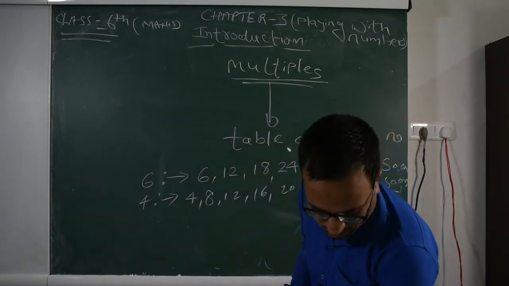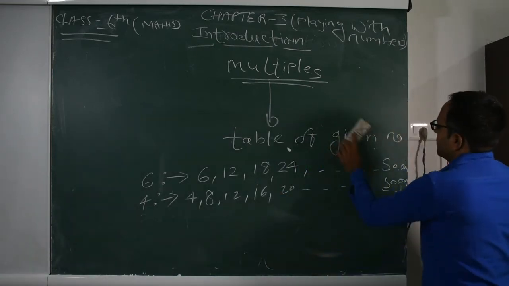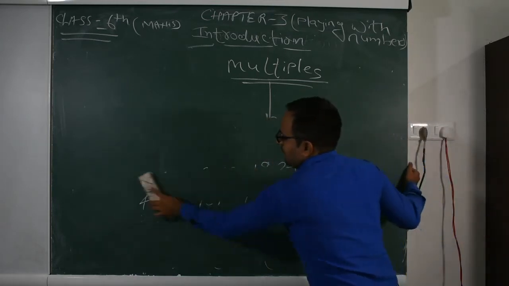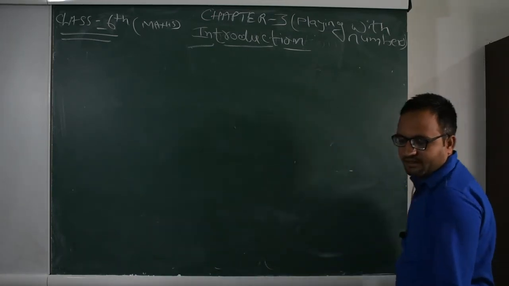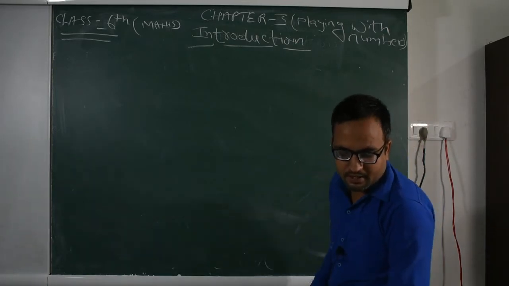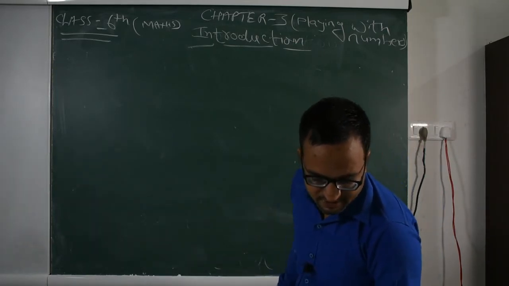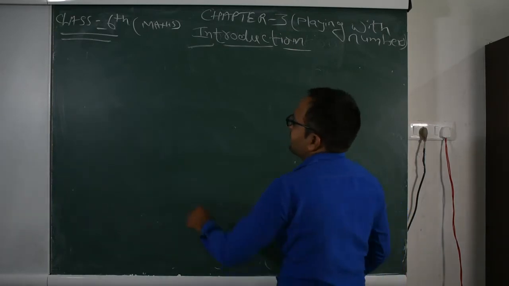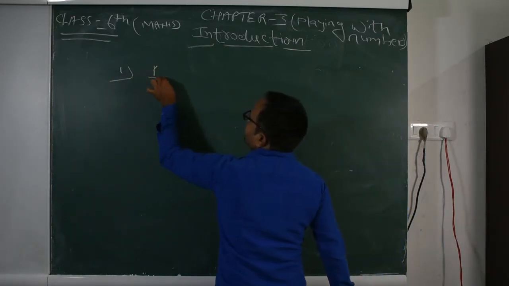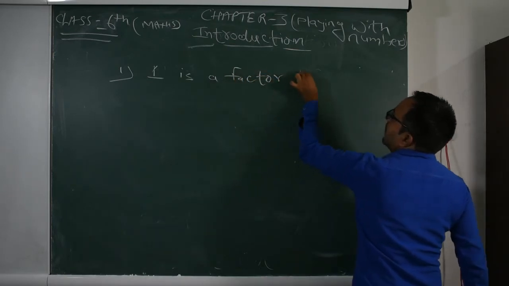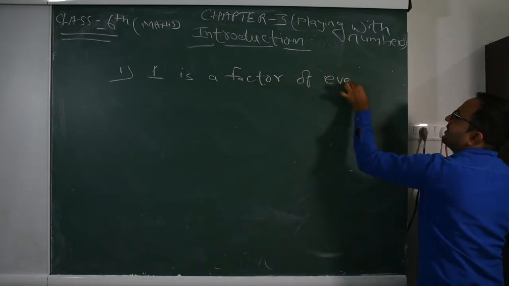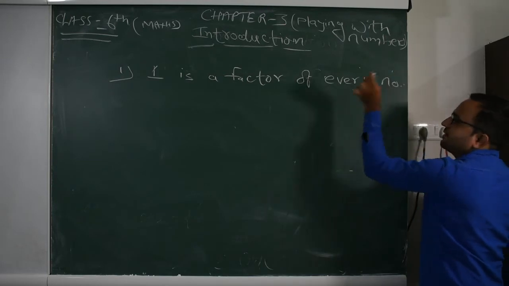Okay. Now some basic rules and observations regarding factors and multiples. Your first observation is 1 is a factor of every number.